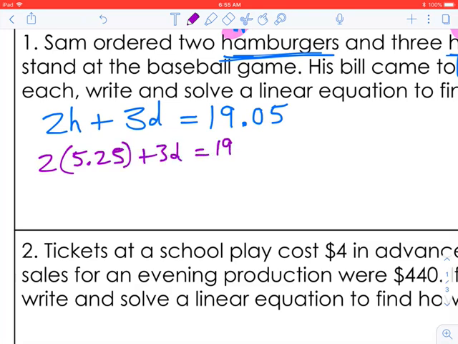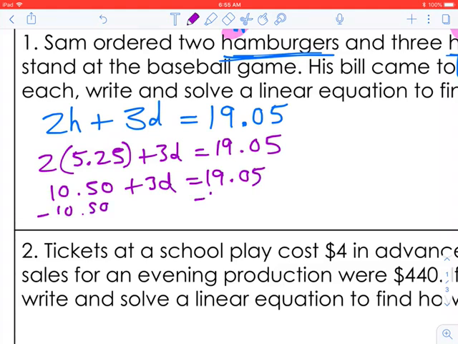Now I go ahead and solve. I want to get the variable by itself, so I multiply 2 times $5.25, which is $10.50, plus 3D equals $19.05.